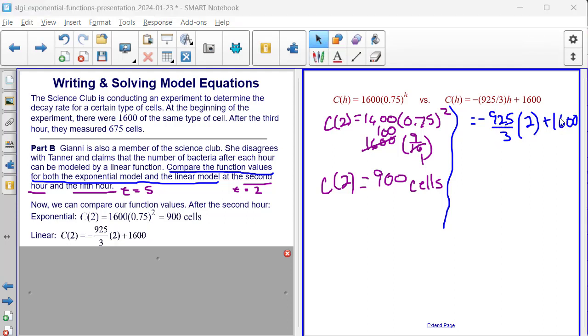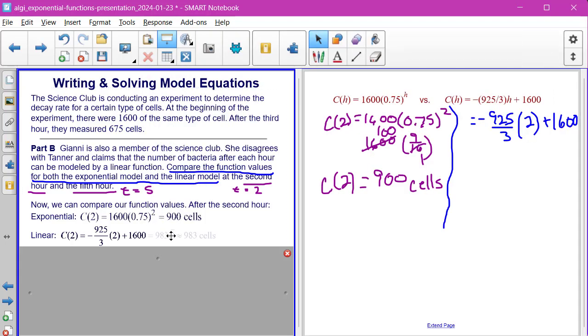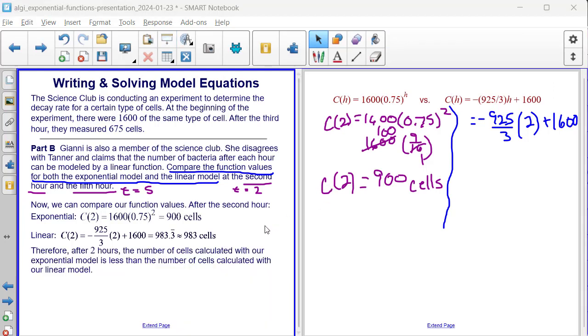Now, since this is not as nice of a calculation, we can substitute these values into a calculator, and when doing so, we'll get 983 and the decimal point of 3 repeating, or 983 1/3 cells, which is approximately equal to 983 cells if we round it. And therefore, after 2 hours, the number of cells calculated with our exponential model is less than the number of cells calculated with our linear model.